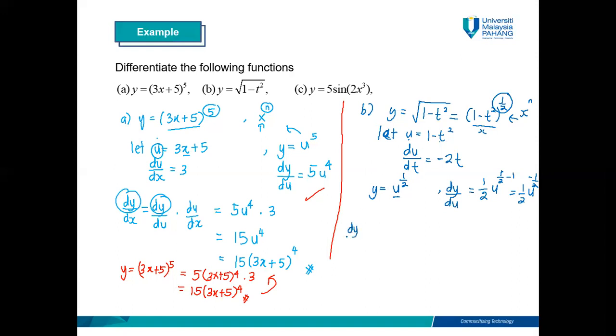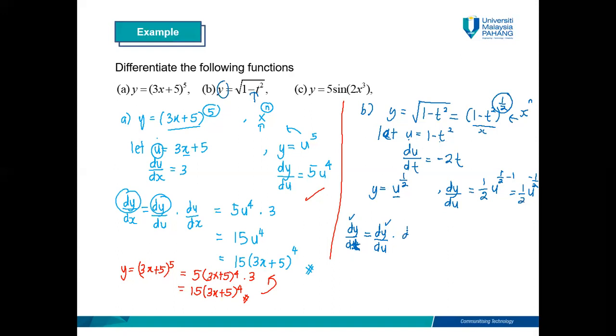Okay, we want to find out what is dy over dt. Dy over dt lah. Sebab ni y, ini t. Okay, sorry. Dy over dt. Okay. So equal to dy over dia apa? Du. Tengok dia mesti ni dy, so here should be dy. Kalau sini dx, so sini pun dx. Okay, kita start dengan dx.